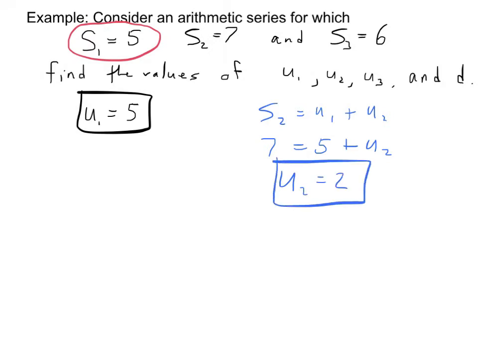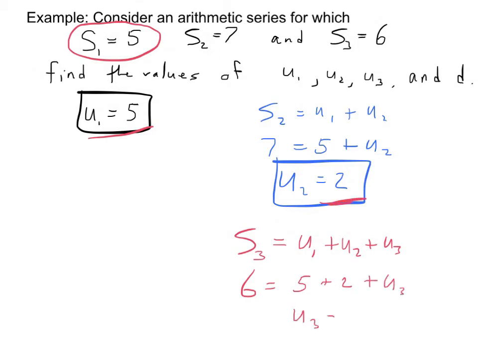Following along with that idea, what about U3? The sum of the first 3 terms has to be U1 plus U2 plus U3. So that means 6 has to be equal to 5, which we figured out from here, plus 2, which we figured out from here, plus the third term. If we solve that, we'll see that the third term is -1.